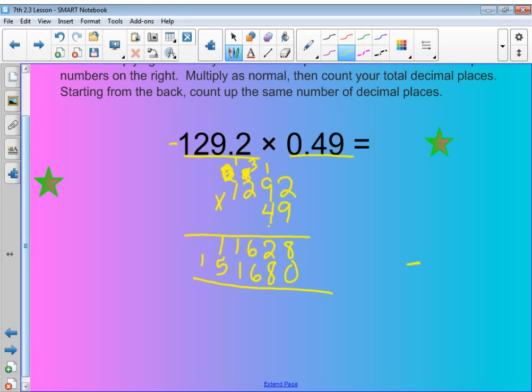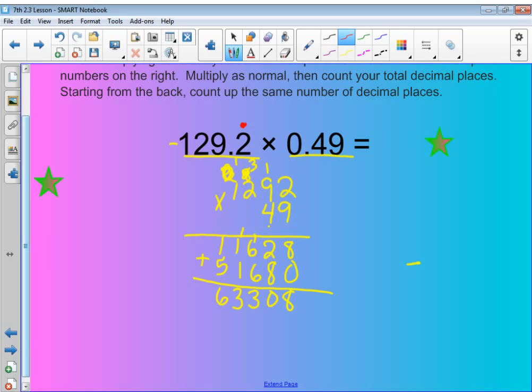So I'll go ahead and add these together. 8, 10, carry the 1, 12, 13, carry the 1, 1, 2, 3, and a 6. So I have for this the digits of 63,308. I now have to go back and count how many numbers were behind the original decimals.